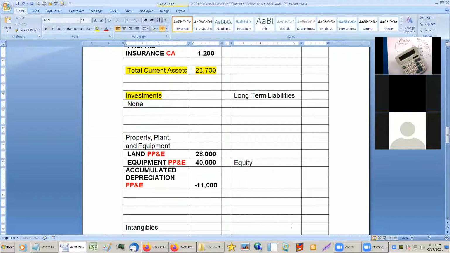So this will give us our total PP&E, and again, you'll see that often abbreviated as this. $57,000.